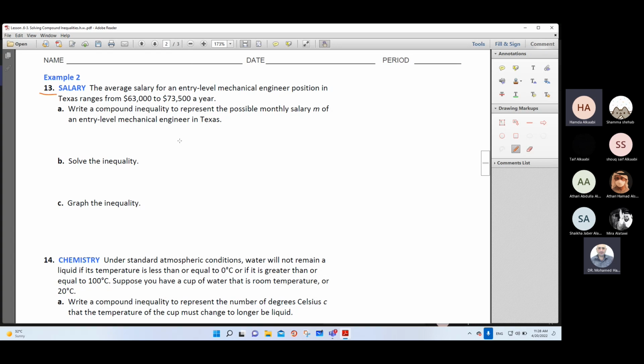Write a compound inequality to represent the possible monthly salary M of an entry level mechanical engineer in Texas. Okay, what's your name? Hamda. Okay, great, Hamda. I want all of you to read it again, then try please to write the compound inequality, then send me your answer in the message. Start, please.